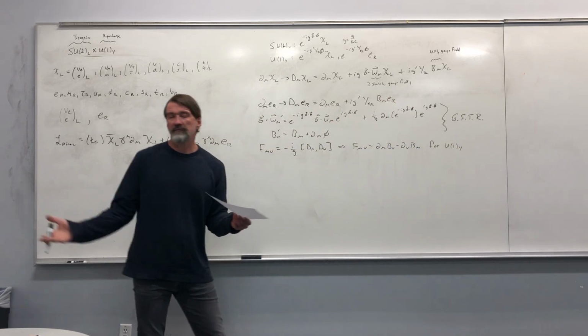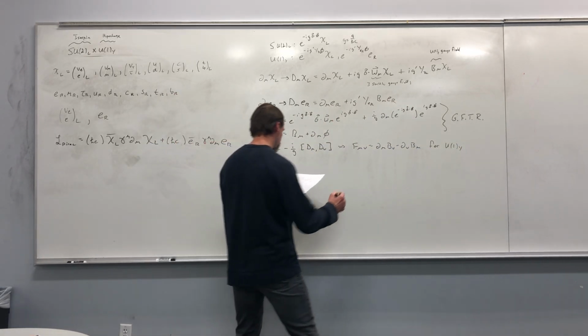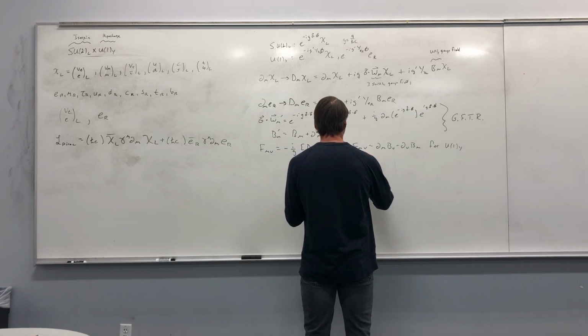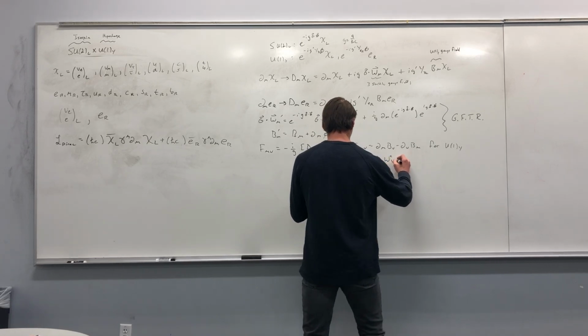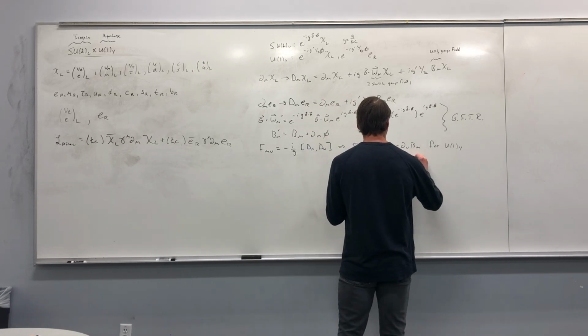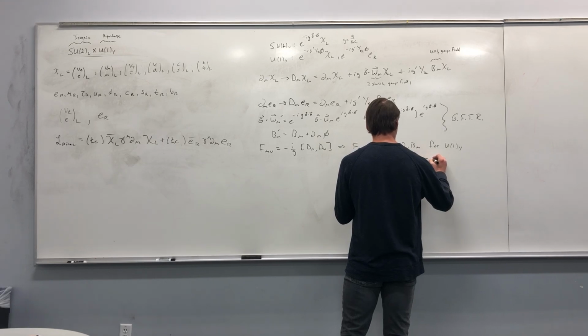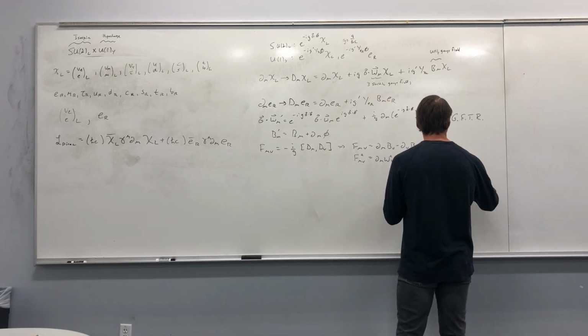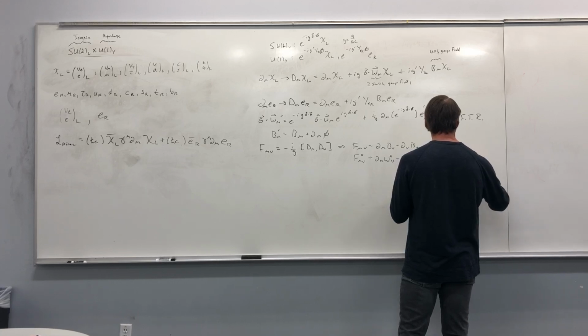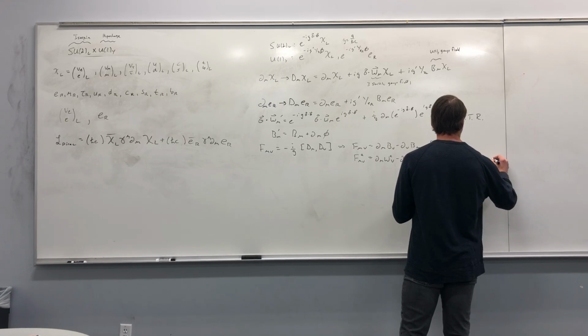That's what we expect. That's the same as electromagnetism. And we're going to end up with F_mu nu^a, which is d_mu W^a_nu minus d_nu W^a_mu minus g epsilon^abc W^b_mu W^c_nu for SU2 left.